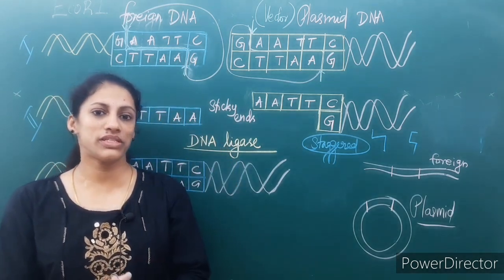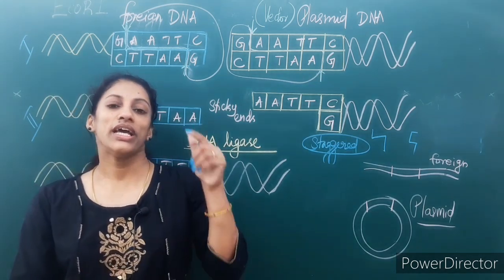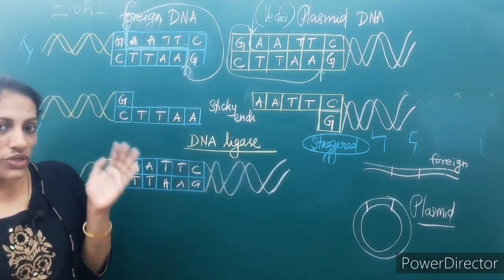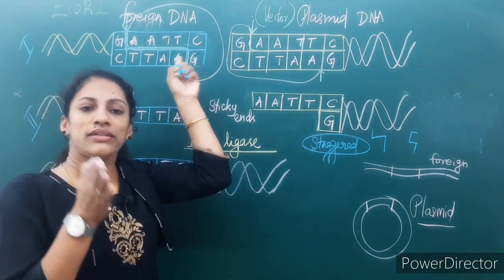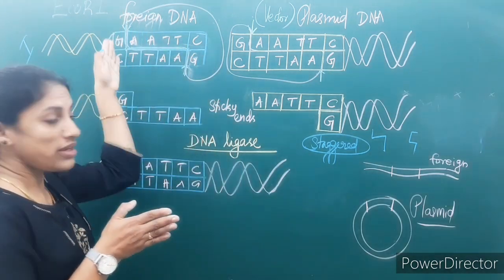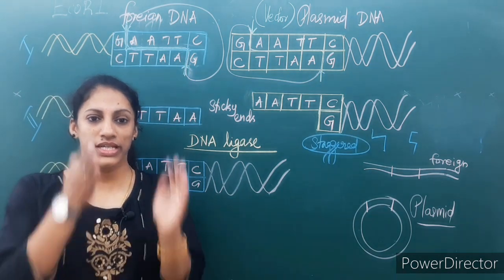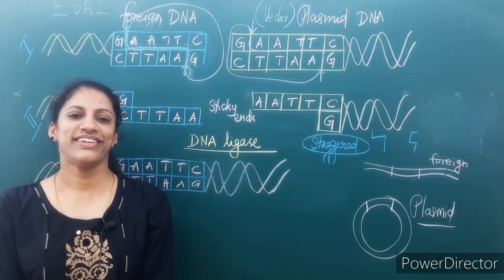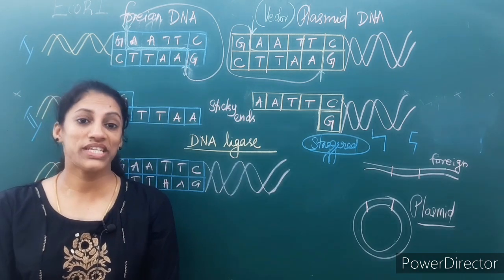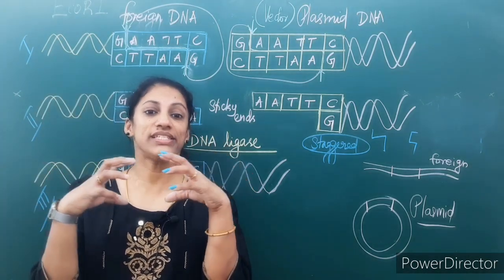Here we have discussed the example EcoR1. EcoR1 produces a cut in a palindrome with this sequence, and the cut is always in the strand. It cuts in between G and A on both the strands. Such a cut, a staggered end cut, produces sticky ends. These can be very easily stuck.